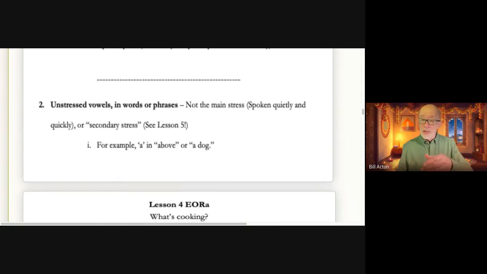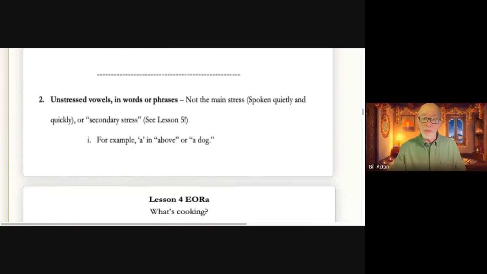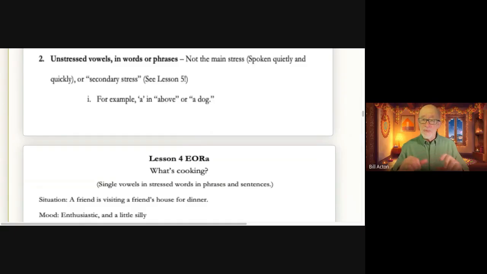So it would be above. A dog is vowel 8. A dog, a dog. So see, you'd use your right hand for that one because you've got to get over to the other side. A dog, a dog. So we will do that from now on in the course. So many more times you will be using the thumb for some really cool stuff.